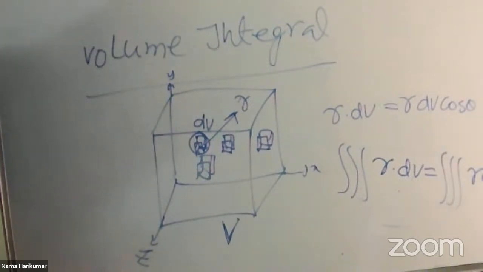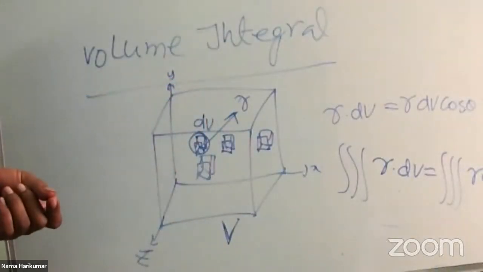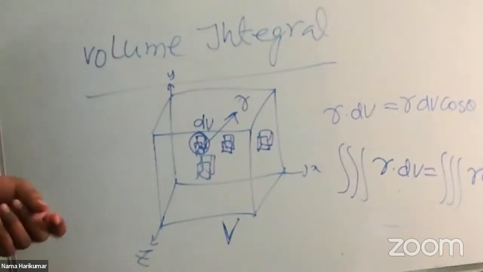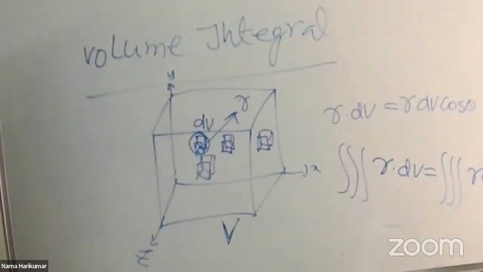Right, let us consider. Sir, in the textbook they represent A dot d. In the textbook, for line and surface, R dot dl and R dot ds are there, but in this one A dot db is there.